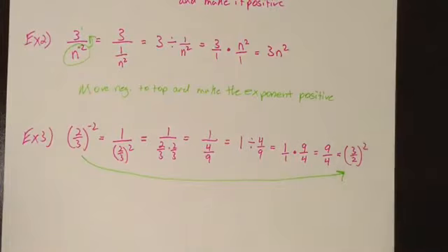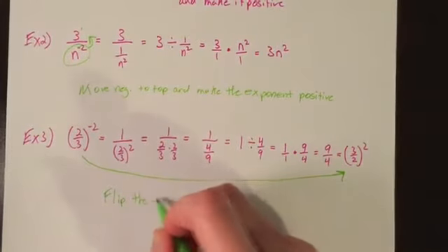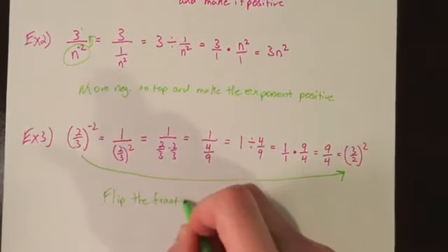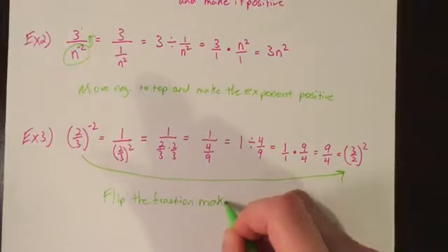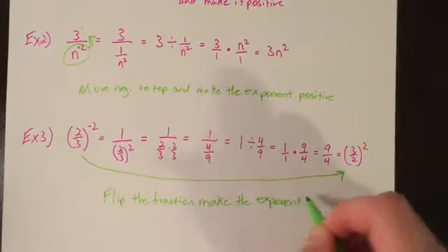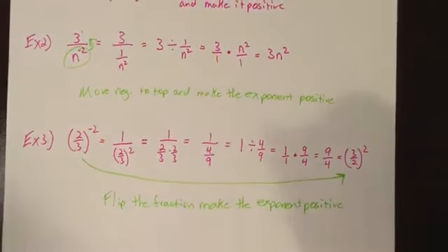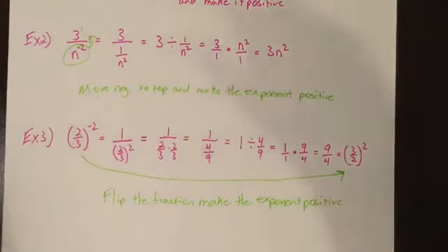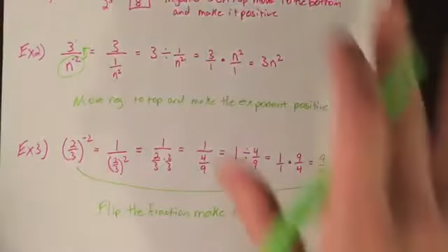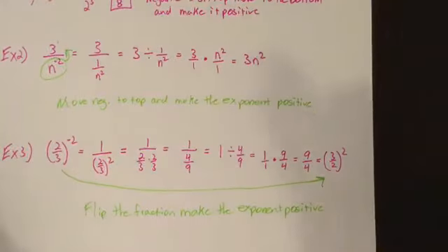Well, if we have a negative exponent with a fractional base, what do we do? We flip the fraction and we make the exponent positive. Okay. So these are the rules we're looking at on page 6 with our negative exponents. These are the reason those shortcuts work. Okay, so I really wanted to make sure we had the why.